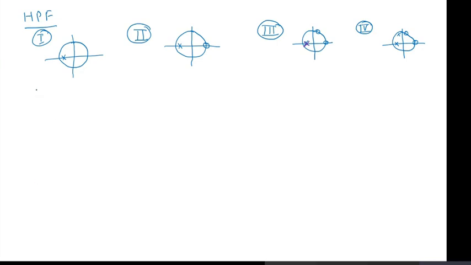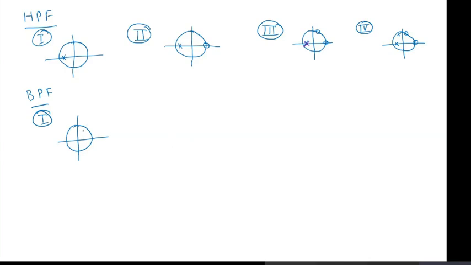Now coming to the band pass filter. Band pass means we want some frequencies to be passed through, and outside that frequency range, the frequency components should be suppressed.